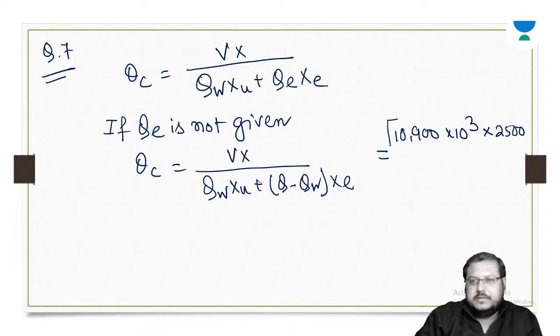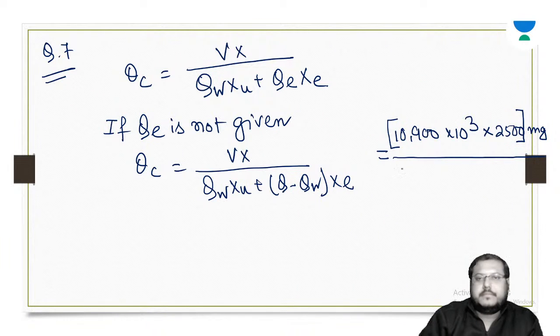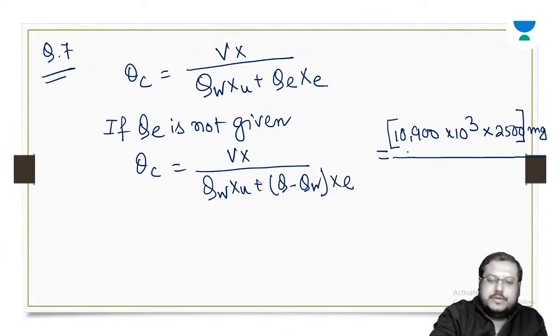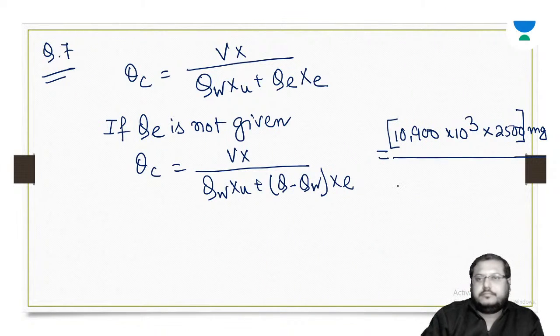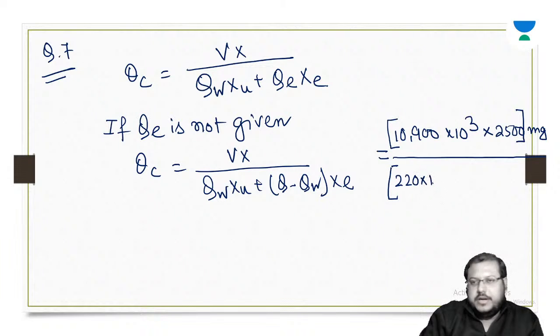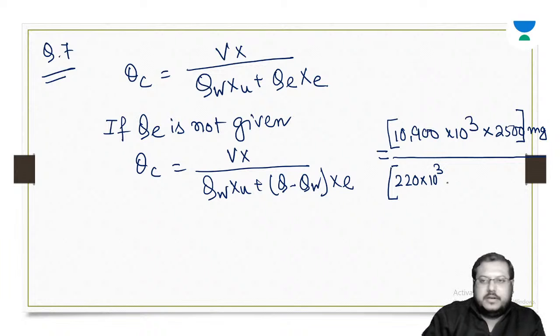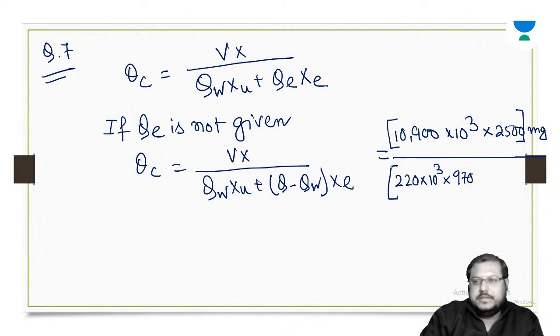So now it is in milligram, whole by QWXU. What is QW? 220 into 10 to the power 3 liter into XU. XU value is given as 9700 milligram per liter. So it's now milligram per day.